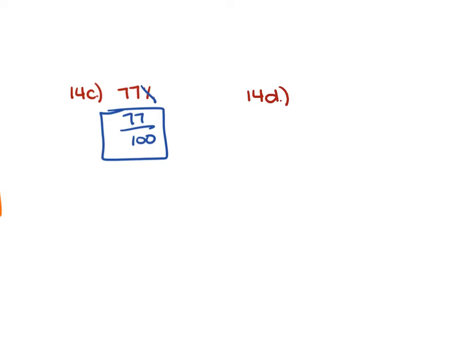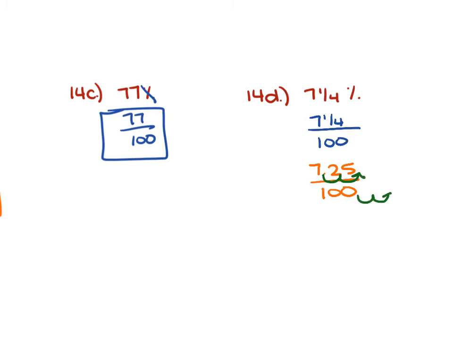For D, we are given 7 1/4%. So I could drop the percent sign and put it over 100, but that would also give me 7 1/4 over 100, and you can't have a fraction within a fraction. So what I'm going to do is turn the 7 1/4 into a decimal. So that's 7.25 over 100. And you cannot have a decimal within a fraction, so I'm going to move the decimal point 2 places to the right.